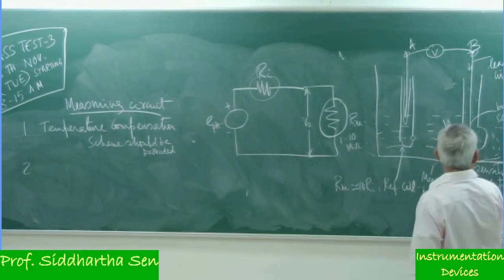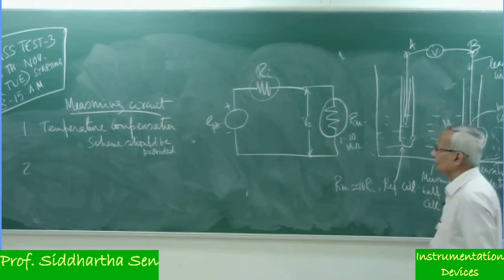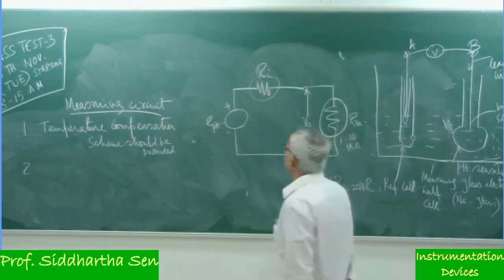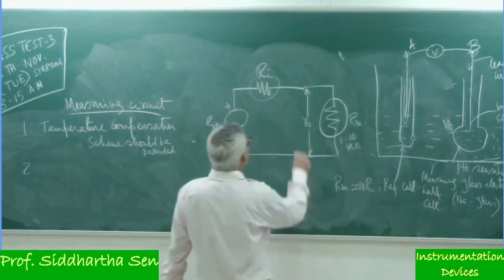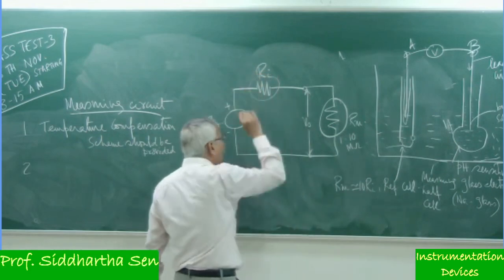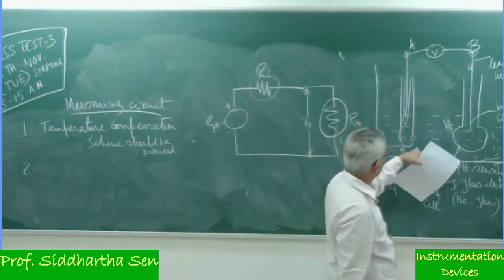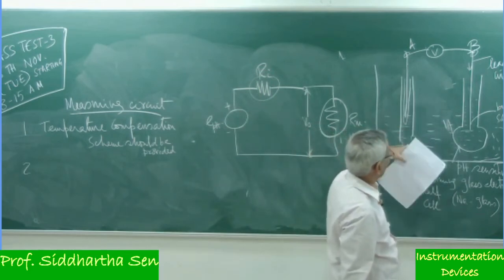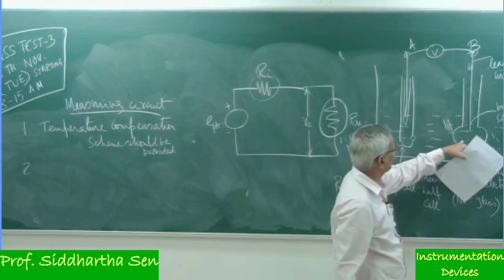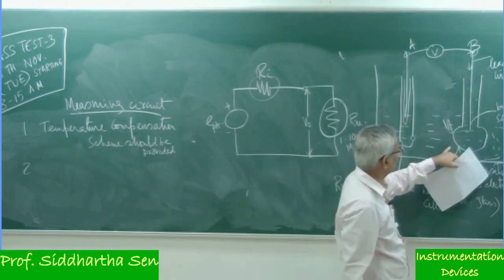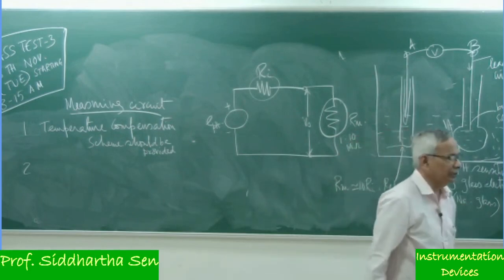This is your glass electrode. And as a result, the internal resistance Ri is very high. Of course, you can have the salt bridge and all the electrical connectivity, but the glass electrode from this point to this point is very high.